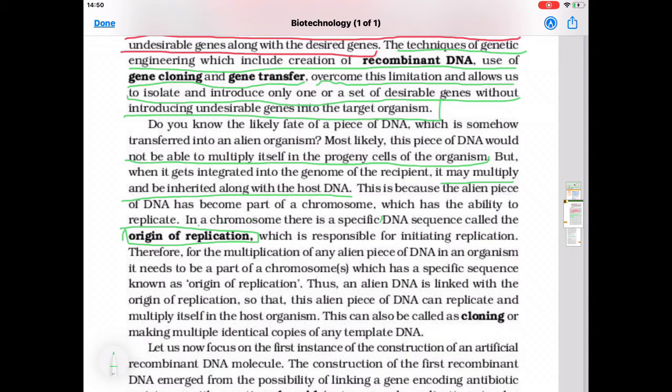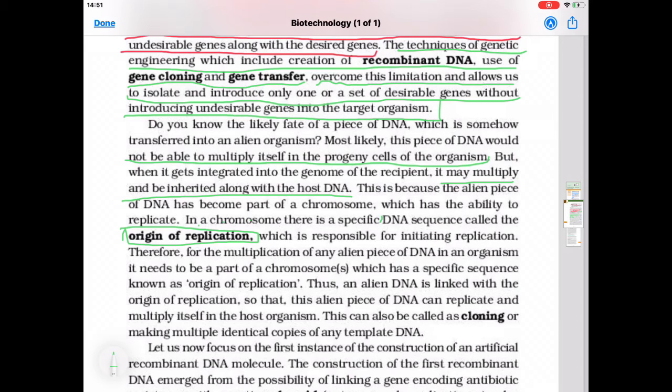This is known as the origin of replication, ORI, from where the replication starts. Therefore, for the multiplication of any alien piece of DNA in an organism, it needs to be a part of the chromosome which has a specific sequence known as the origin of replication. So this new alien piece of DNA is introduced near the origin of replication so that this new DNA can also multiply with the host DNA.